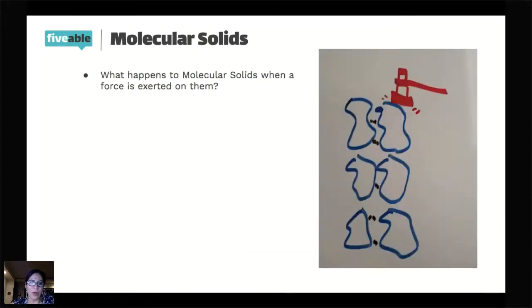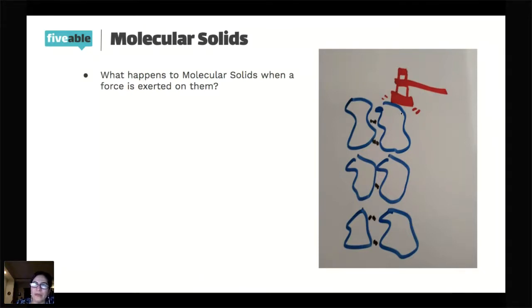Okay, now, what happens to molecular solids when a force is exerted on them? Would it break apart or would it stay together? Okay, I showed here, my drawings are not so good, but I'm trying to show here a structure of sucrose and the intermolecular attractions, the hydrogen bonds between one molecule and the other.